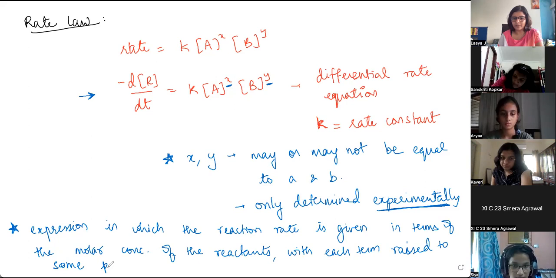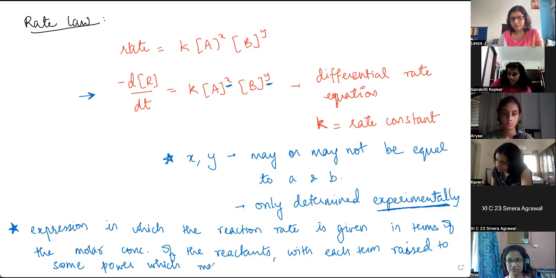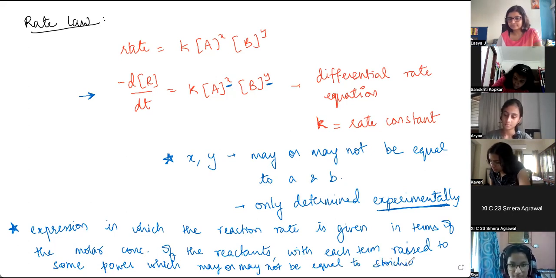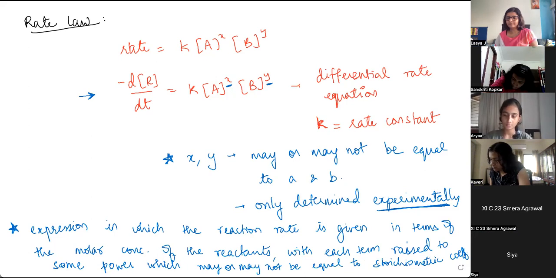Raised to some power which may or may not be equal to the stoichiometric coefficient. So this is the rate law. It's literally this written in terms.